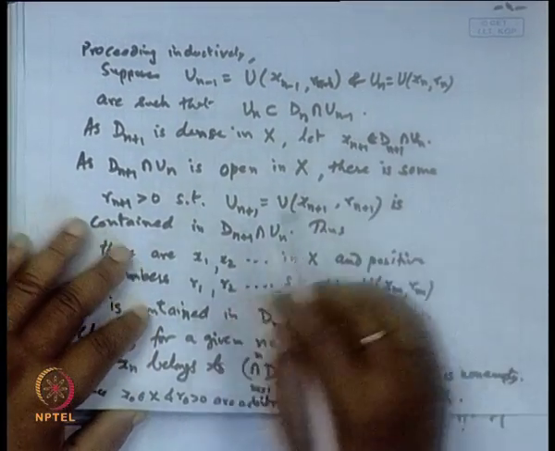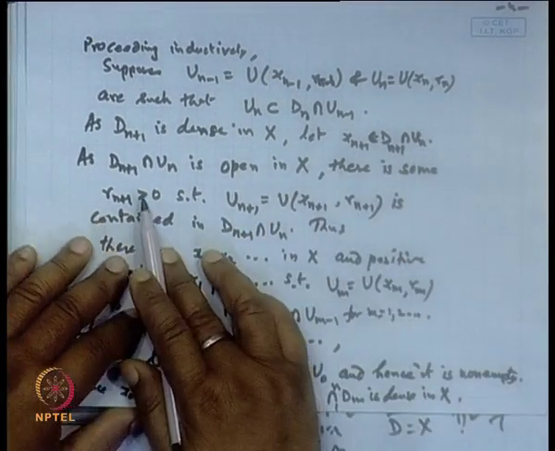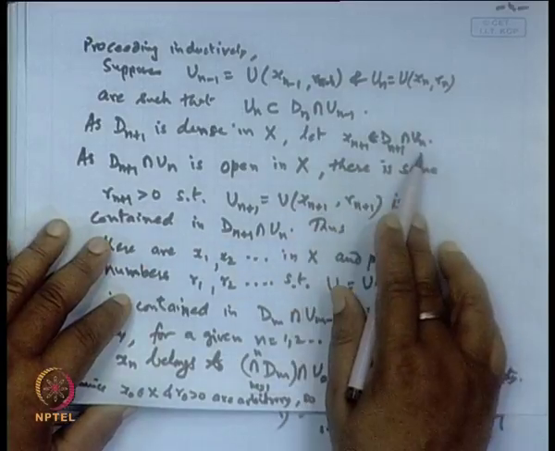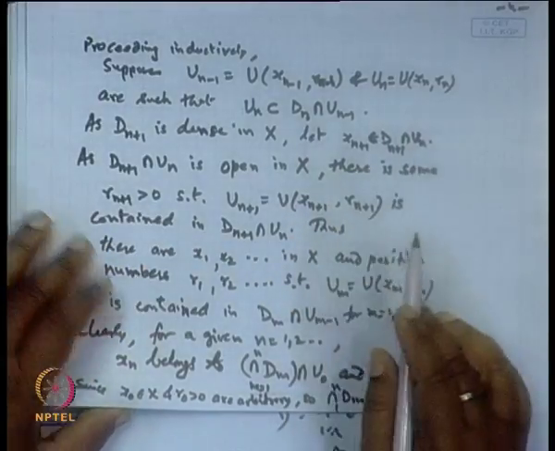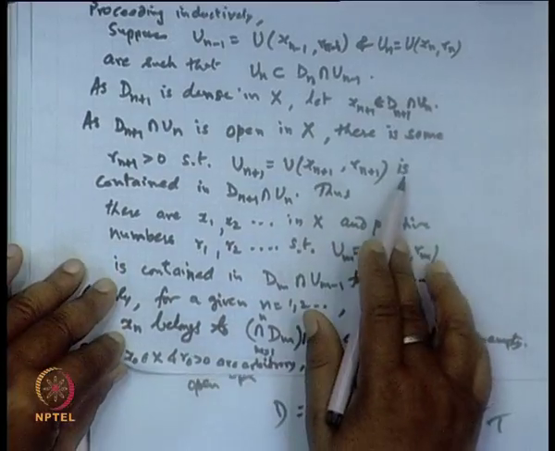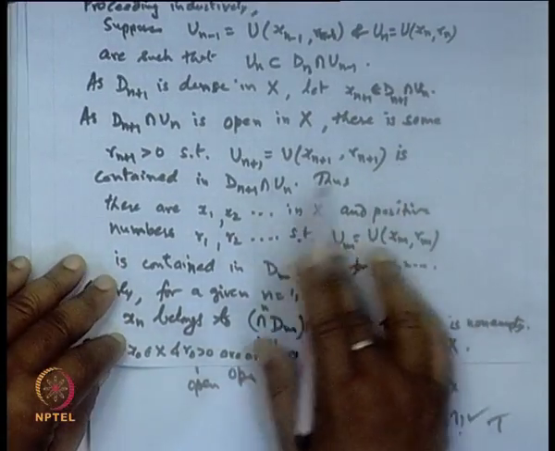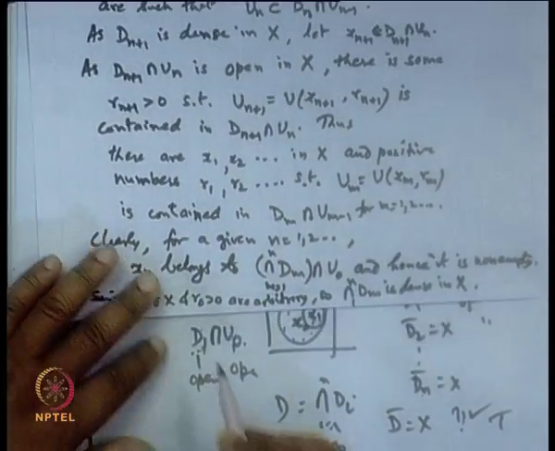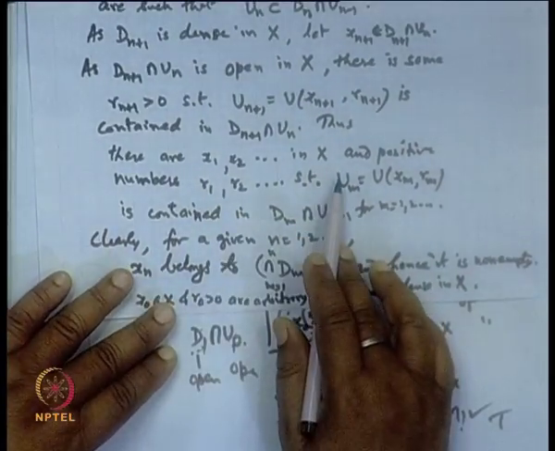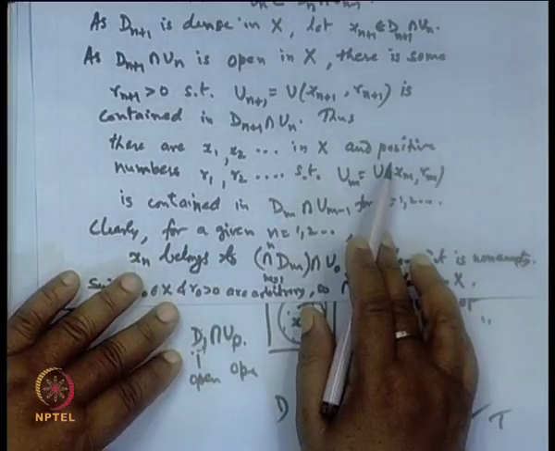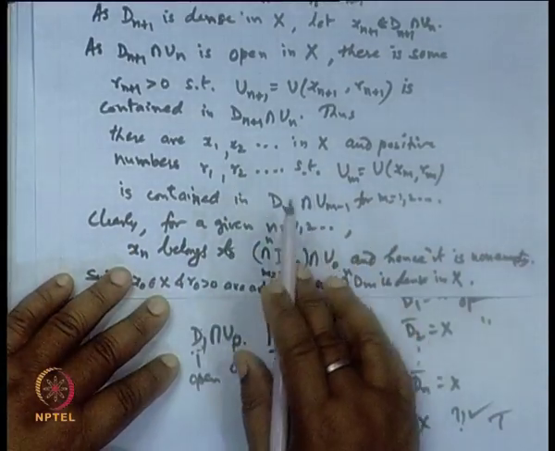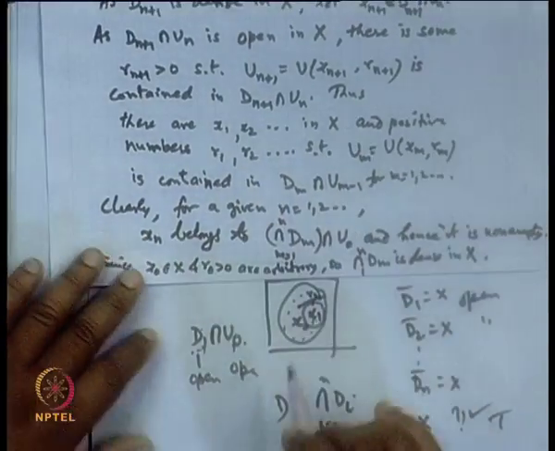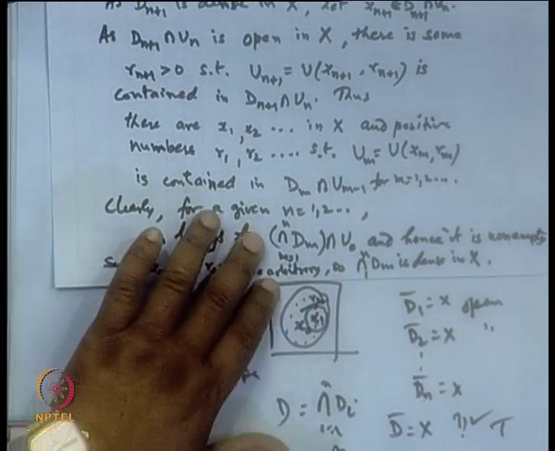Now let us take x(n+1) in this way, and the corresponding ball U(n+1) with center x(n+1), and so on. Since x1, x2, ..., xn are points in X with radii r1, r2, ..., rn suitably chosen, what happens if you find the intersection of these balls?